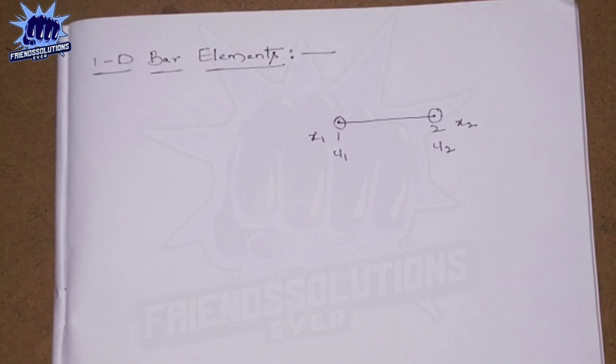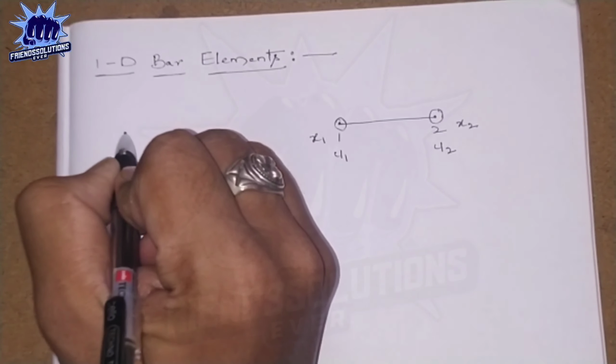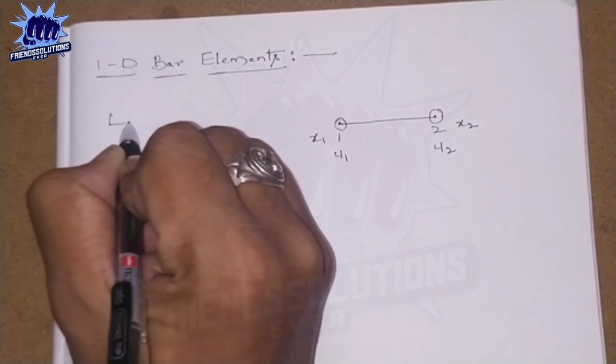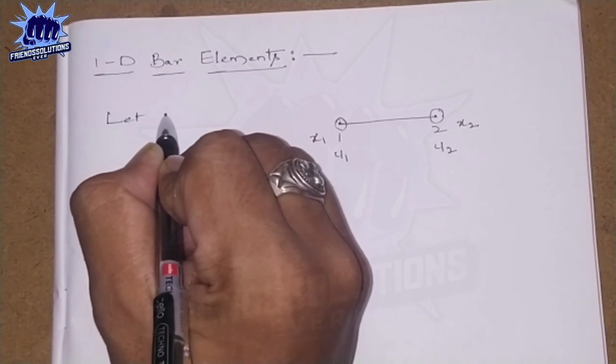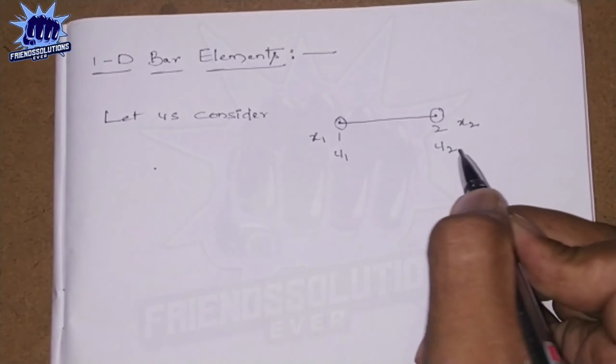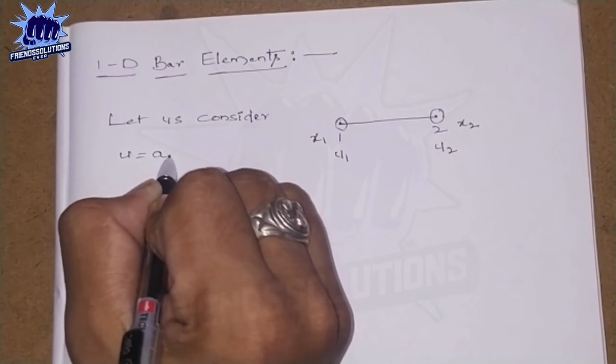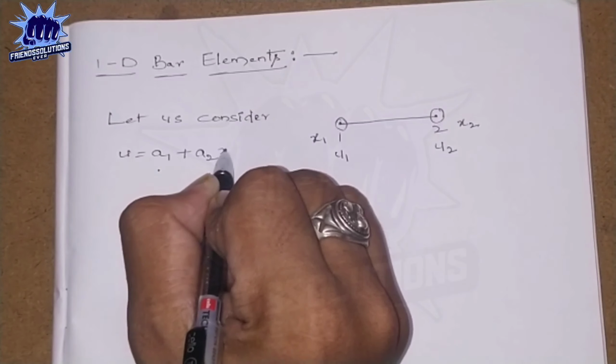Now, a simple linear equation to solve for the nodal displacements. What is that simple equation? Let us consider a simple equation: u is equal to a1 plus a2 x.